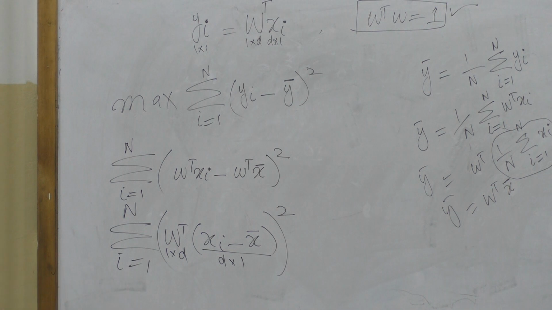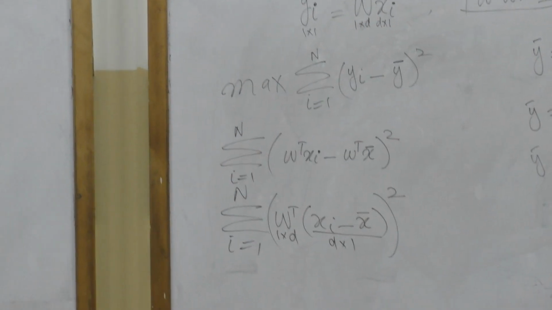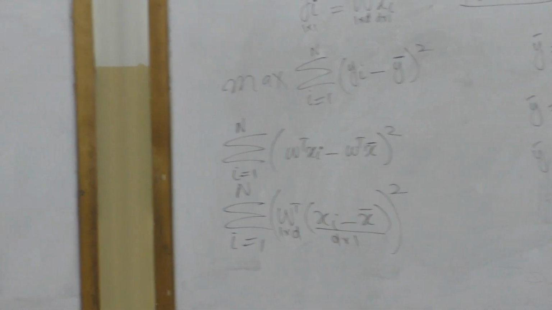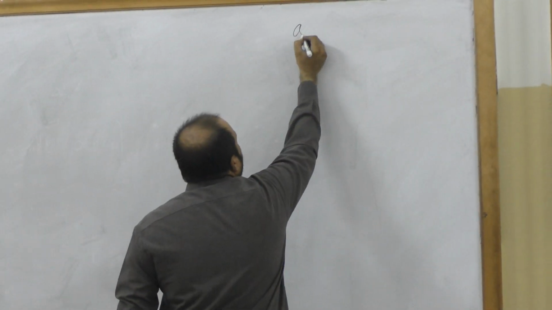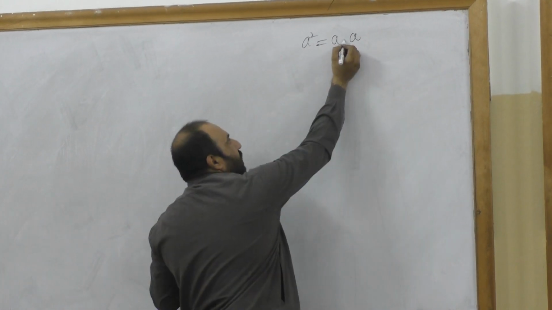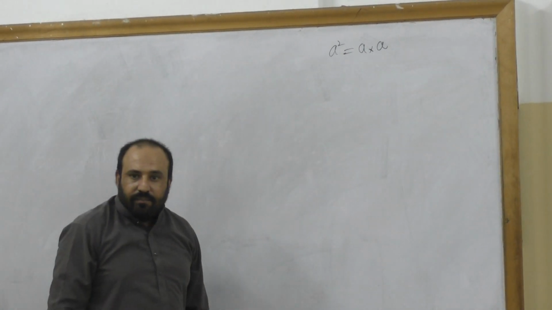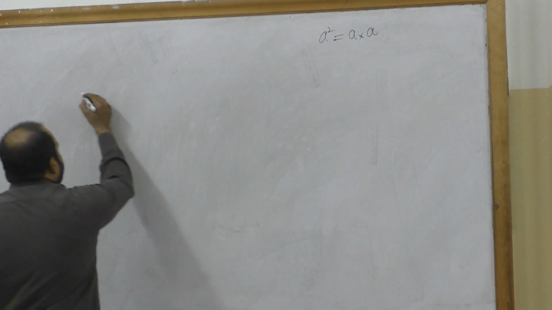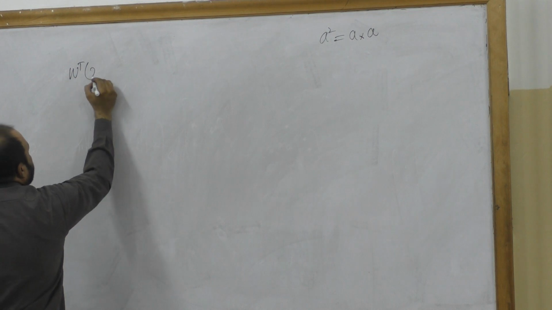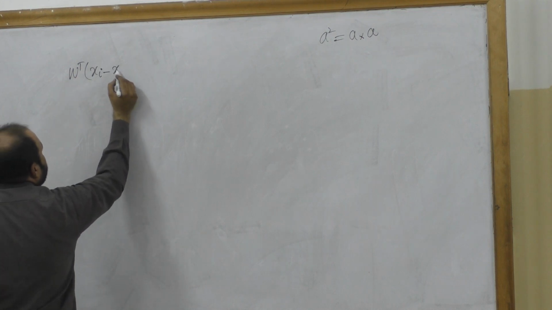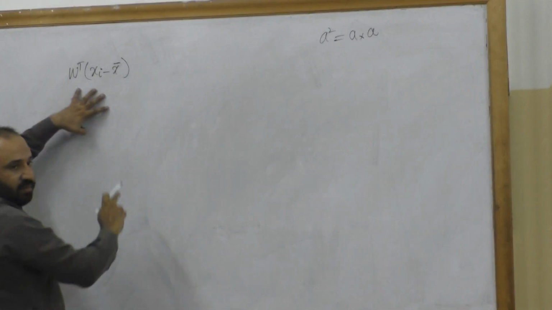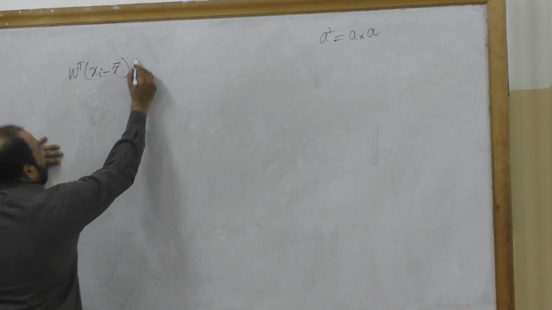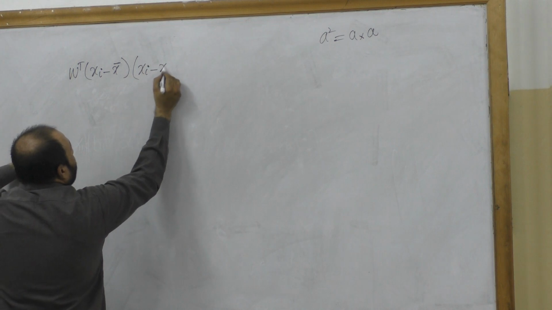It's a real number, I am taking it square. Yes? Make sense? अगर आपके पास एक नंबर a square आप उसको ऐसे तो लिख ही सकते हैं. If a is a number, the number a square, a multiplied by a, that will be a times a transpose. Yes? तो ये जरा गौर से देखिएगा, ये जो नंबर है जिसका स्क्वायर लिया गया है, इसको मैं ऐसे लिख सकता हूँ. W transpose (x_i minus x bar), that's a number. इसी का स्क्वायर है ना? ये आप तो देखिएगा कि मैं बिल्कुल सेम नंबर लिखने लगा हूँ.